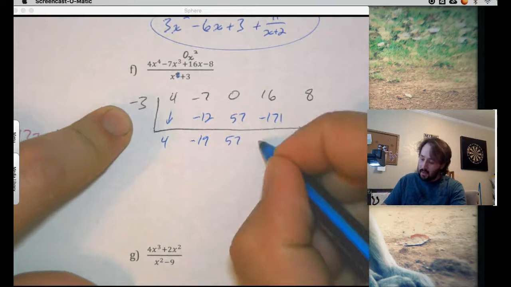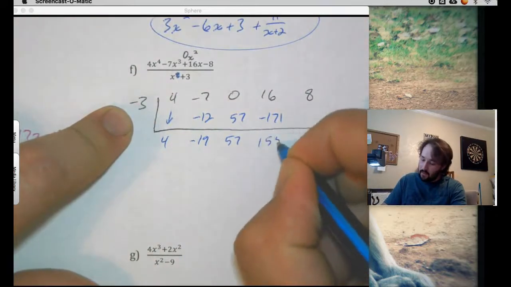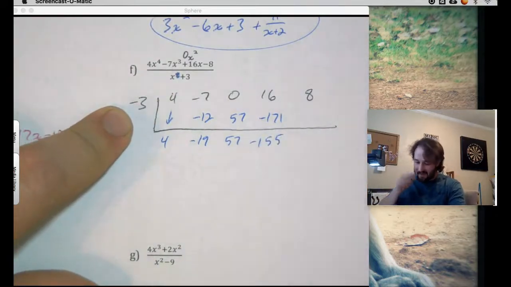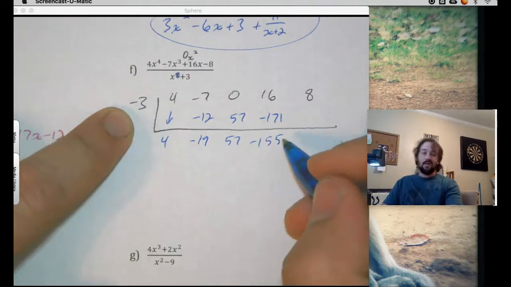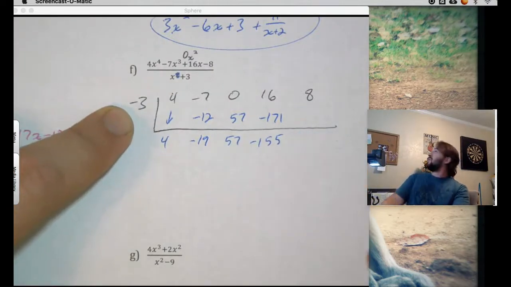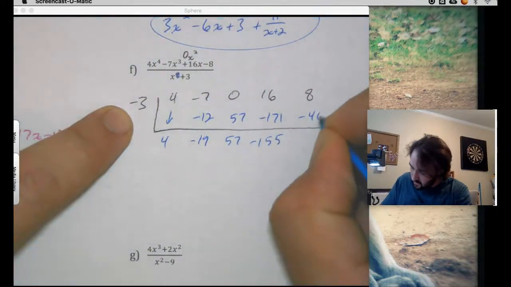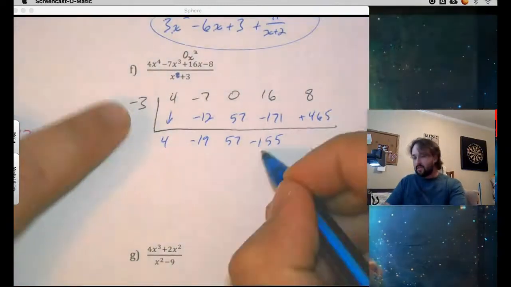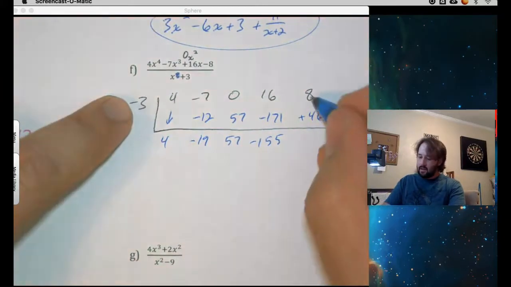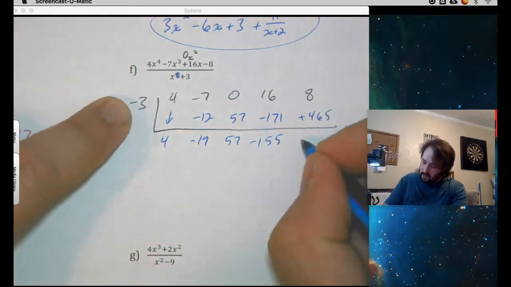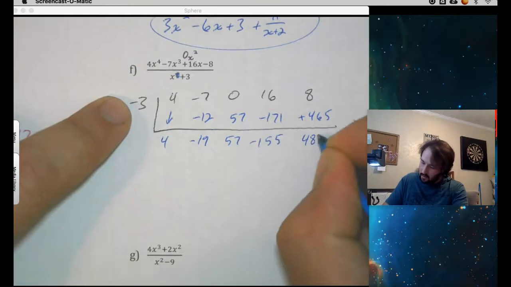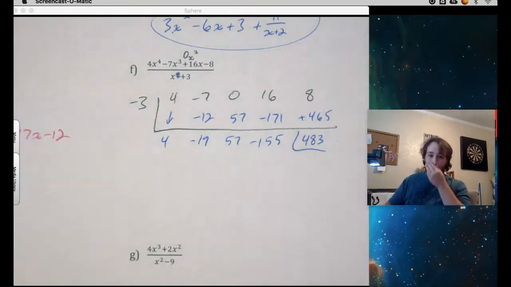Combines to make negative 155. And then negative 155 times negative 3, let's see, is 450 plus 15. So 465, positive because I have a negative times a negative. And then I'll have the 8 with that, so that makes 483 as my remainder. All right, super ugly numbers, but that's what it is.